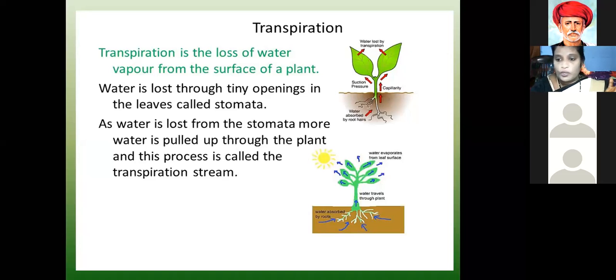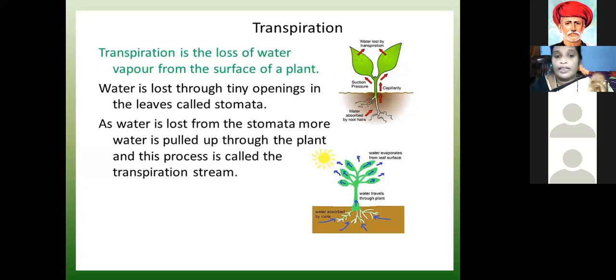That is the main cause of the loss of water. That is what we say transpiration. During transpiration, the leaves also lose water. Why? Because the sun rays fall on the leaves, and the leaves have water molecules, that means water contents. The water will evaporate.